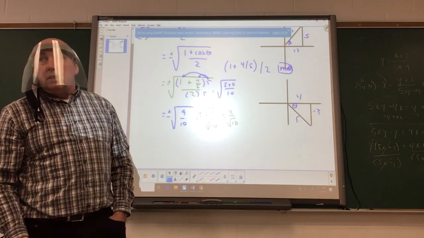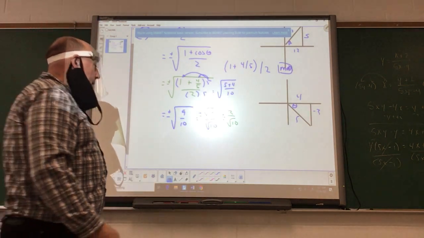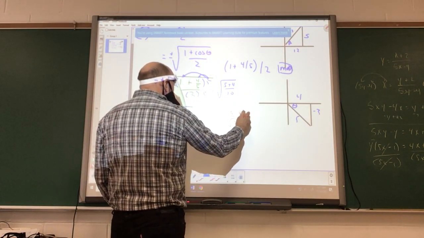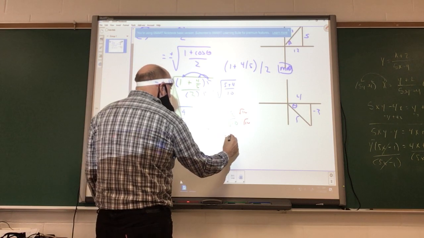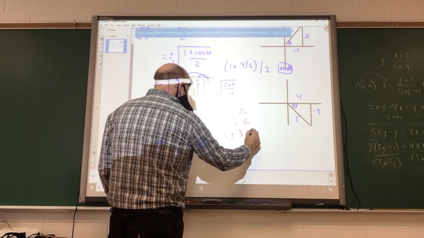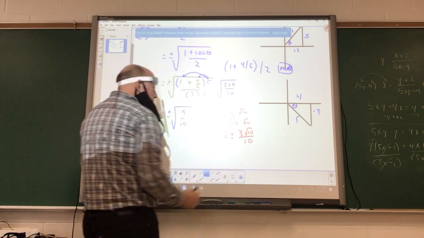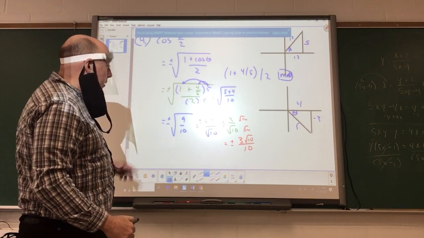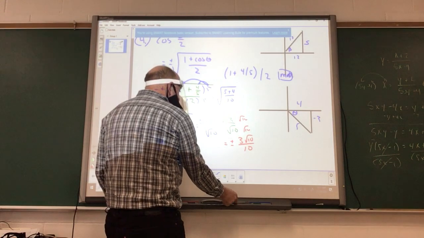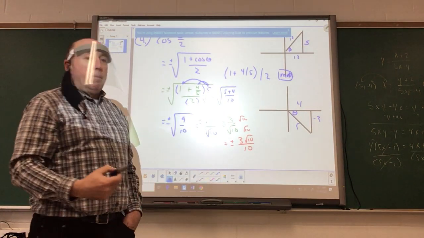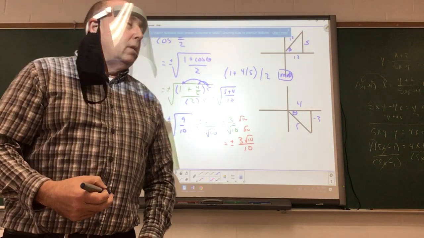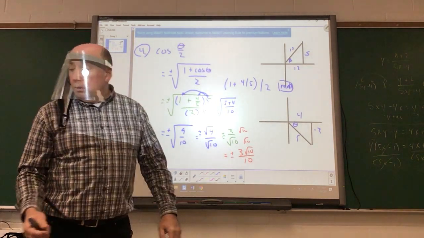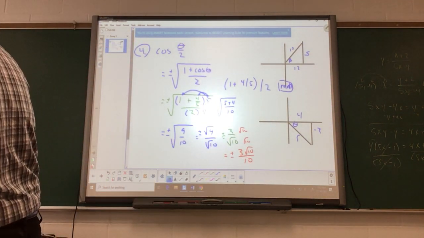Then to rationalize this, Brianna, what do we have to multiply top and bottom by? Square root of 10. So we have plus or minus 3 square root of 10 over 10. Now what we have to do is determine which one of these we have. Do we have the positive or the negative? Well, that's where we go back up to the top of our problem.